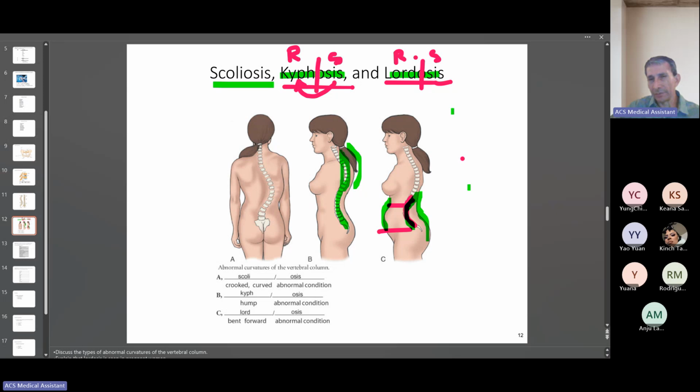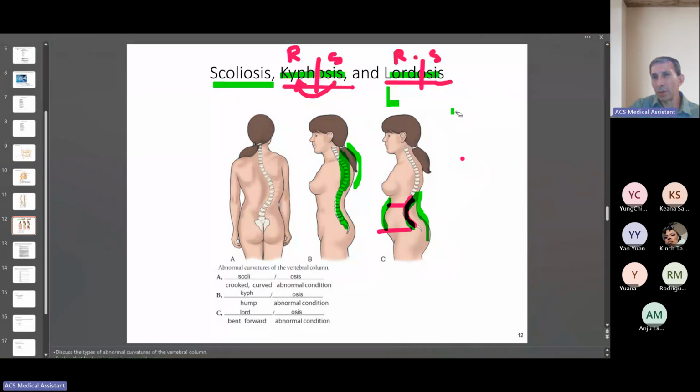That's a deformity of the spine, the lumbar region. That's what it's called, lordo, lumbar, L. Kypho has nothing to do with that, but this is a Greek term, so it means thoracic, thorax.